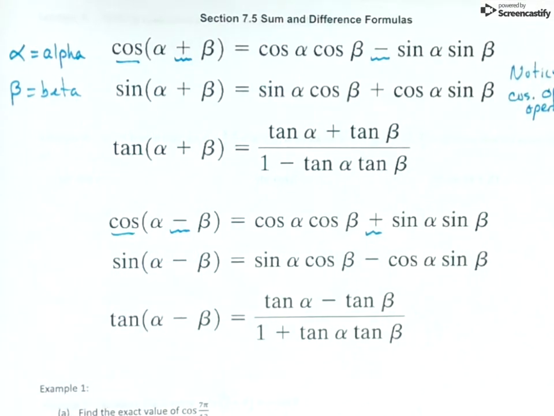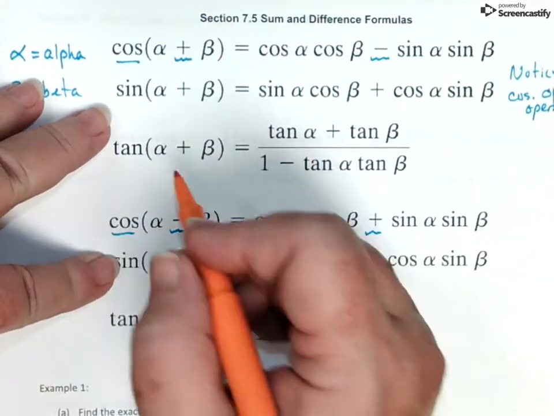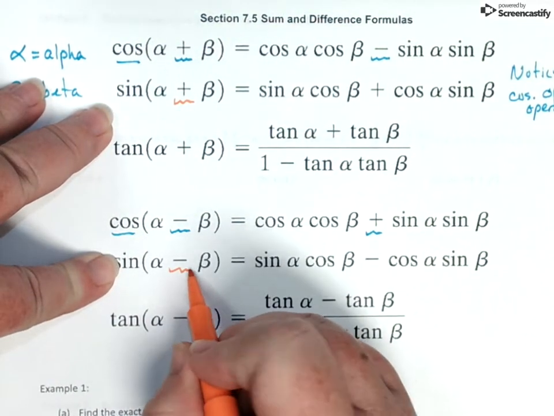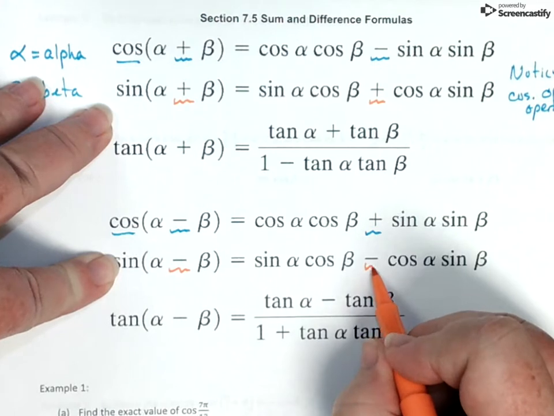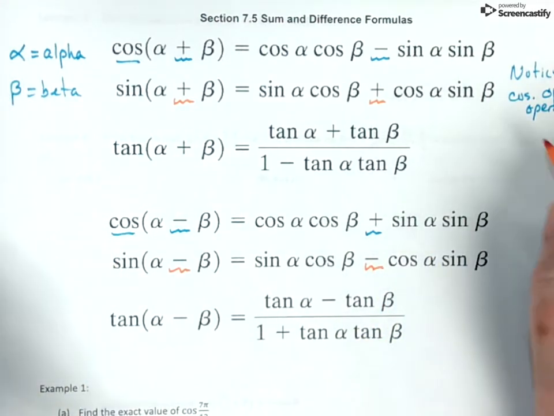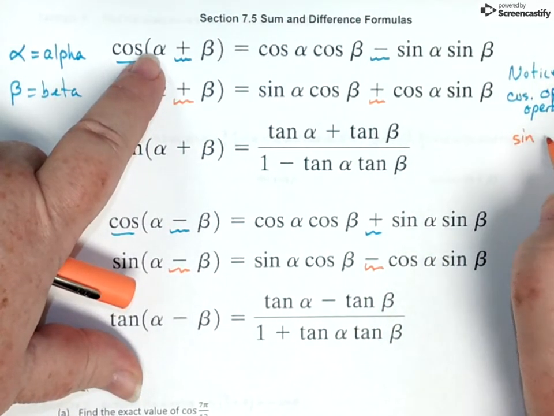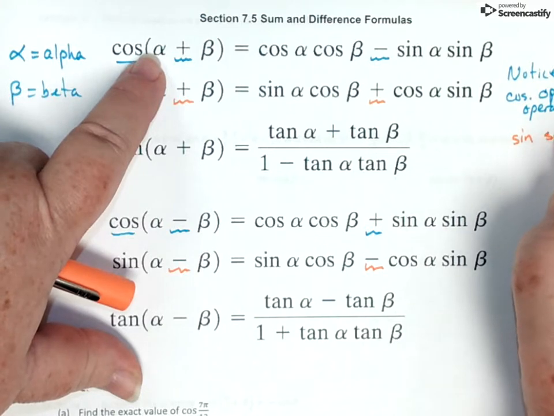Then I want you to notice that sine, in both sine problems, whether it was a plus sign or a minus sign, gives us the same operation. In other words, anytime you see a sine problem, it's going to give us the same operation.